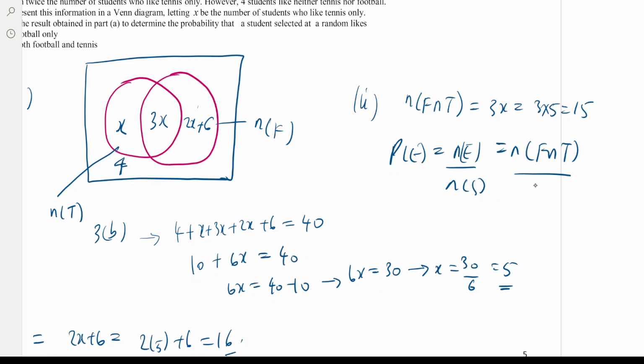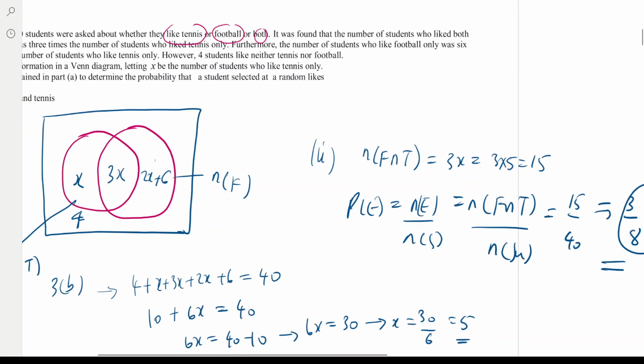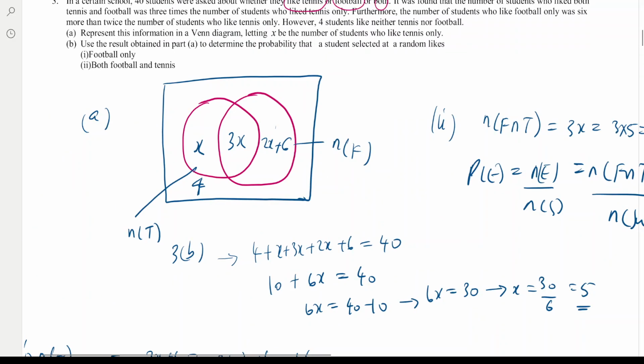So eventually we'll be having 15 over 40. Simplify by 5, you get 3 over 8. So for part 2, the probability that a student selected likes both football and tennis is 3 over 8. So that is the solution for question number 3, dear students.